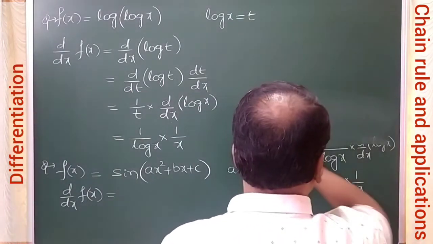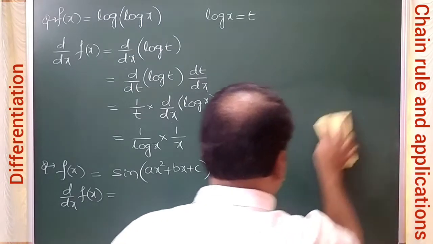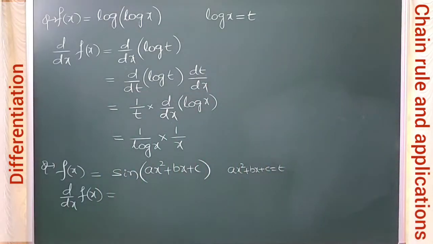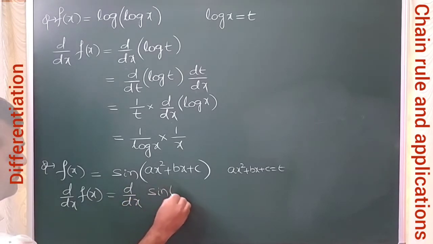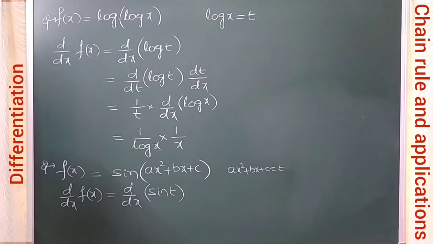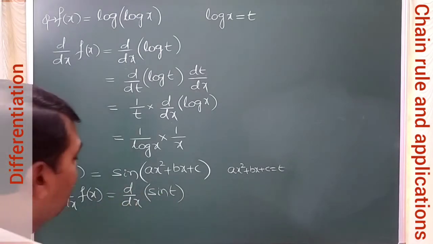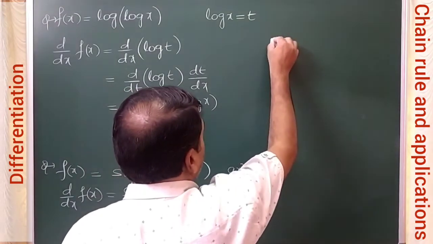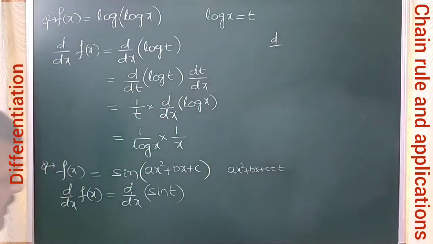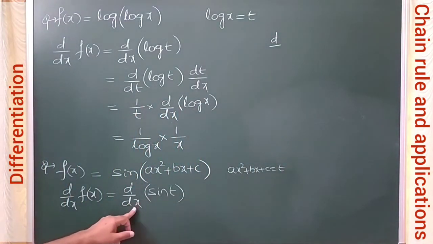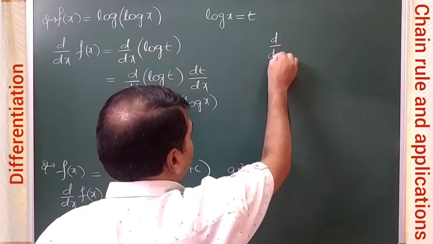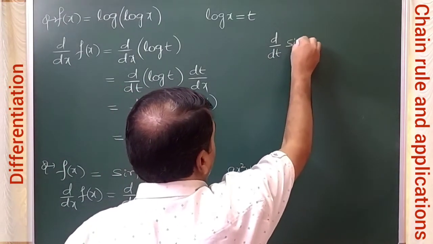Got this? Take ax square plus bx plus c as t. So d by dx of sine t. The variable is t. You cannot differentiate with respect to x. Therefore, what you will do is, you will modify. The variable is t, so let us modify this as d by dt of sine t.